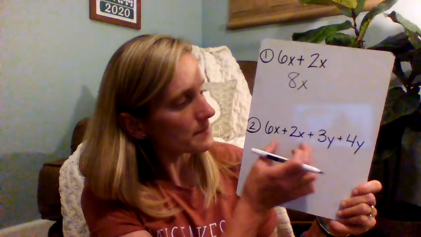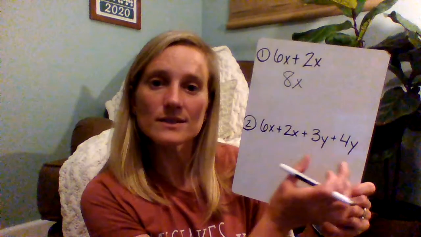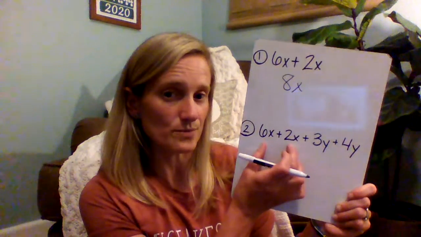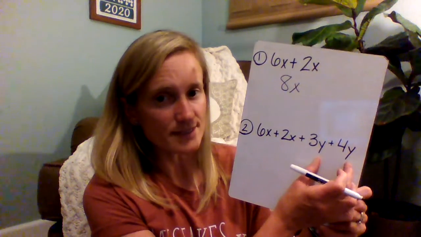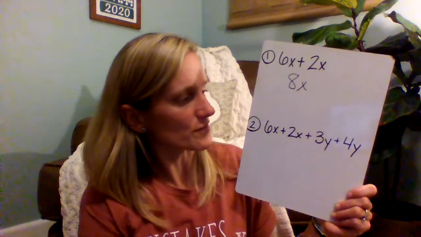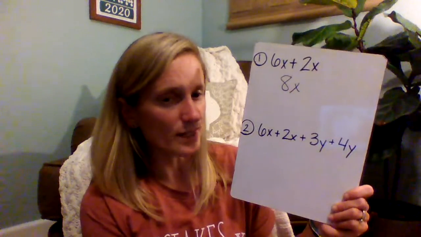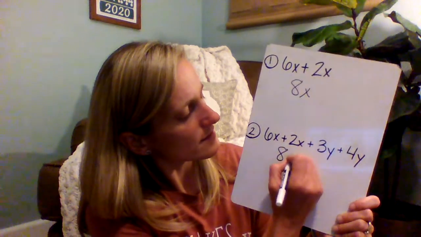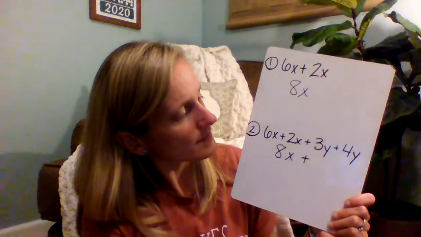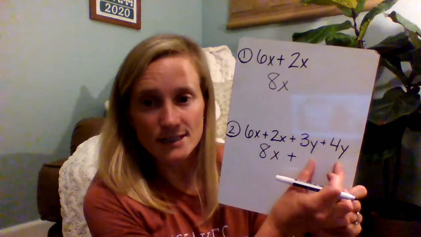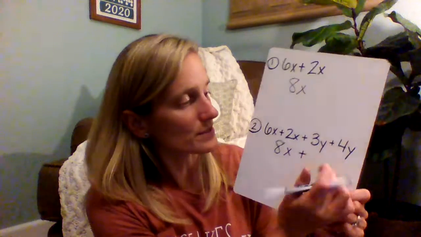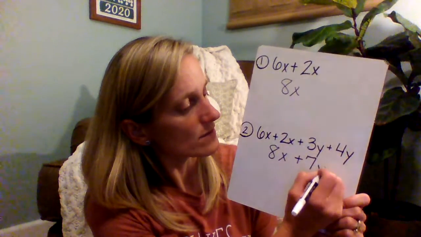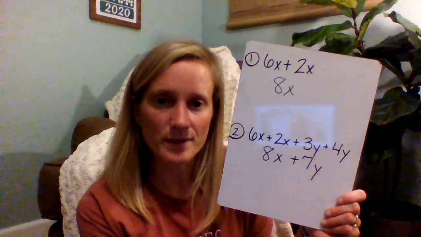So I can't combine my x's with my y's, but I can combine the 2 terms that have x's together, and I can combine the 2 terms that have y's together. So I already know from the first example that 6x plus 2x is 8x. And I can combine these two by adding their coefficients, and 3 plus 4 is 7, so 7y. I can't do anything more beyond that point.